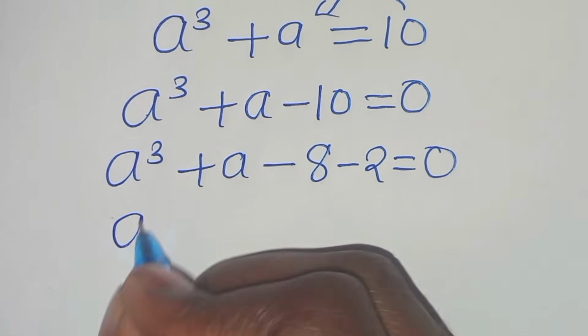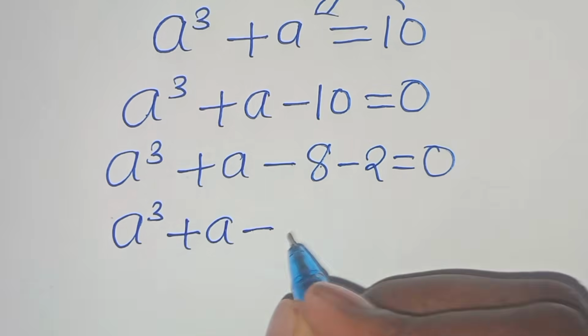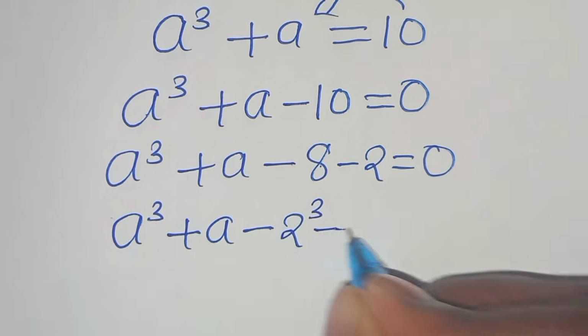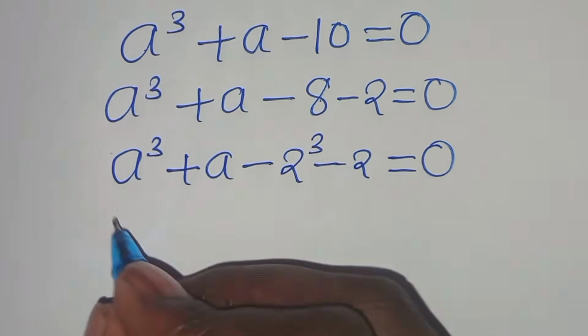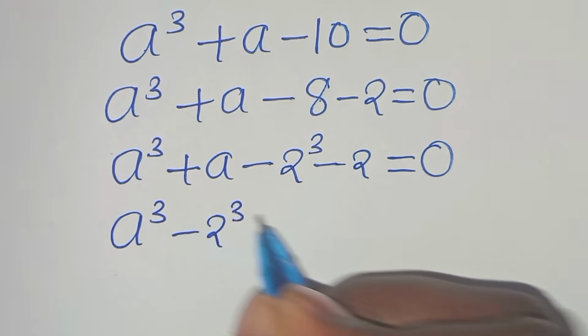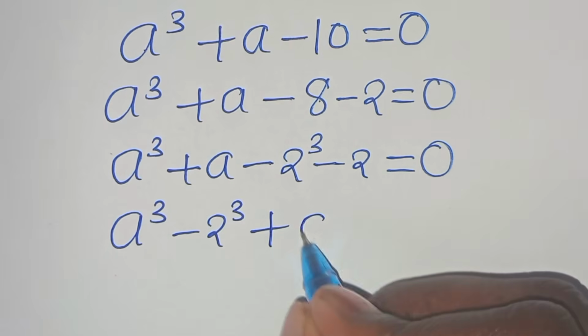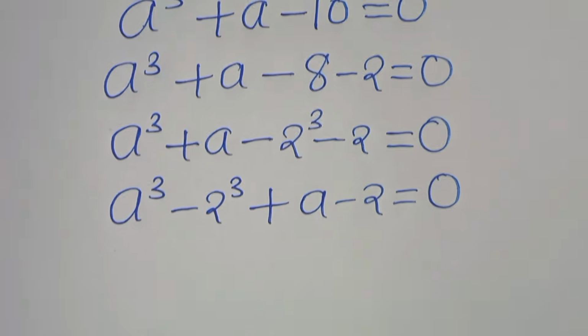So we have a to the power of 3 plus a minus 8, which is 2 to the power of 3, minus 2, equal to 0. So that we have a to the power of 3 minus 2 to the power of 3 plus a minus 2, equal to 0.